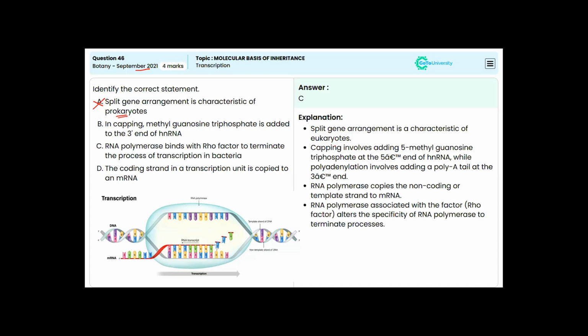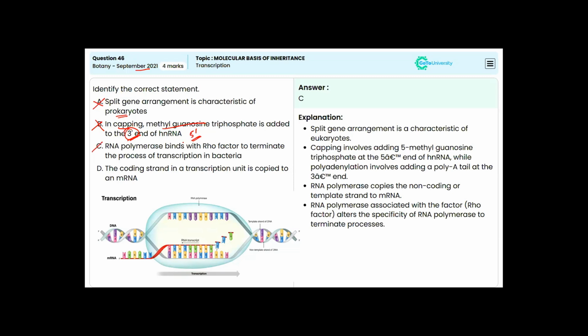So introns and exons are present in eukaryotes, not prokaryotes. Option B, in capping, methyl guanosine triphosphate is added to the 3' end. This is incorrect. We know it is at the 5' end. So option B is also incorrect.